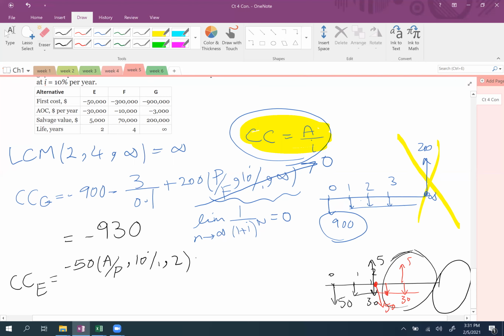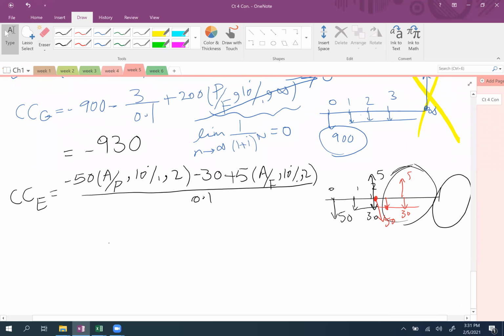You already have $30,000 that even if you repeat that, it will always be a constant amount per year. And then you have a cash flow of 5 positive that is like a future worth for the period of discussion. It will be 5 A given F, 10% and 2. So I have converted everything to A, I just need to divide it by i, which is equal to 10%.